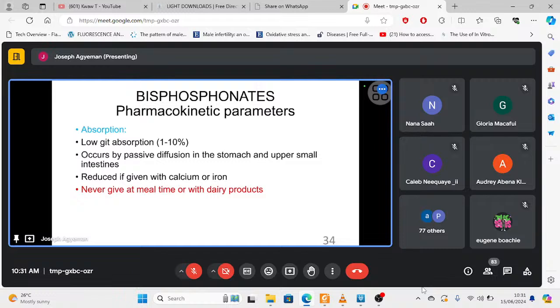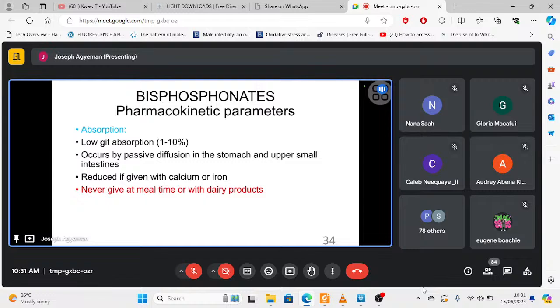which means that you do not have to give bisphosphonate together with meals. You have to leave a space. At least you take the drug 2 hours before you eat or 4 hours after eating. So bisphosphonate absorption is impaired with meals, especially when the meal contains heavy metals, which means it's not only meals.